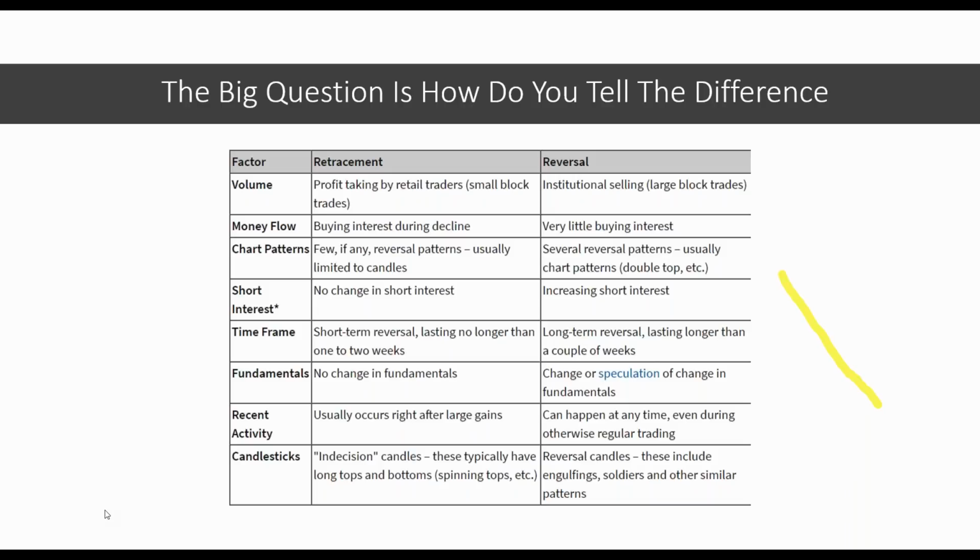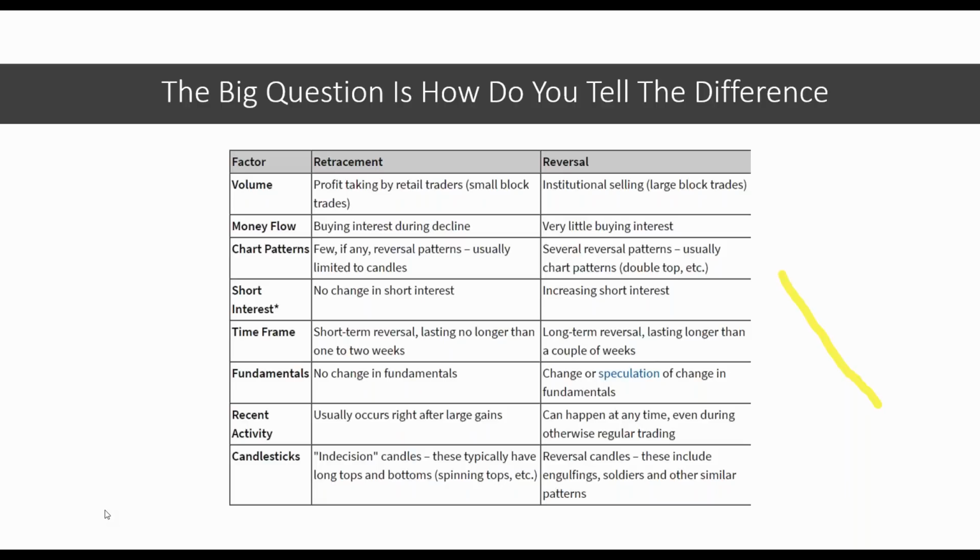But it's more about the change in technical indicators in charts, in volume, and support and resistance lines than it is about fundamental factors. So we can answer the question that's all important to the market: is it a retracement or is it a reversal?